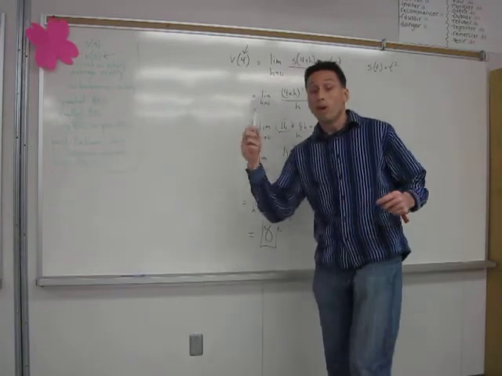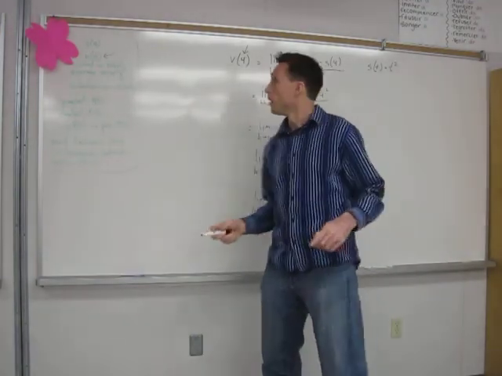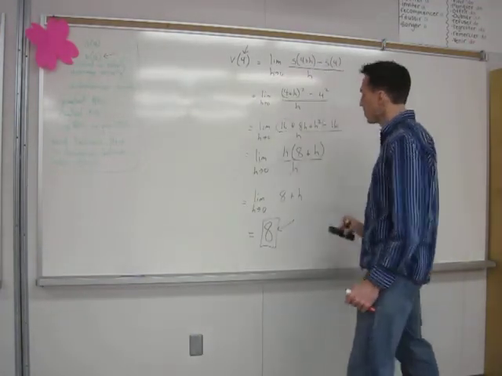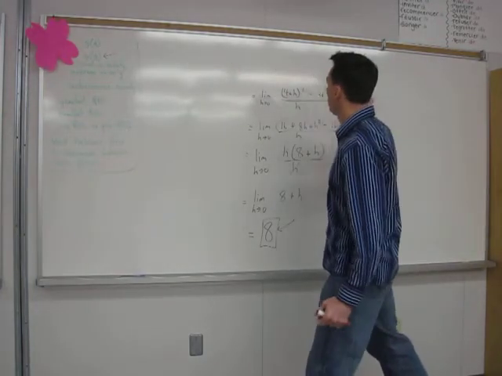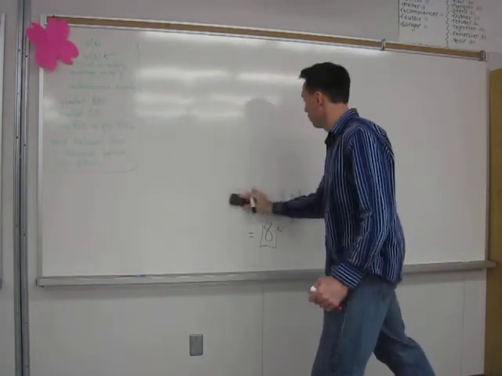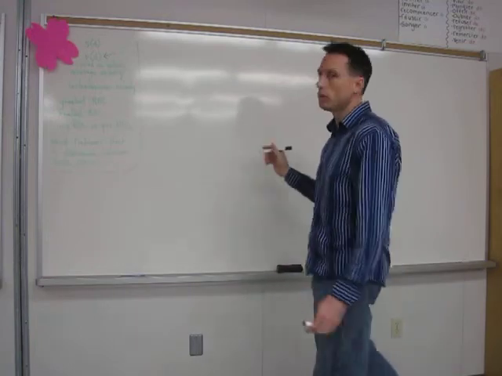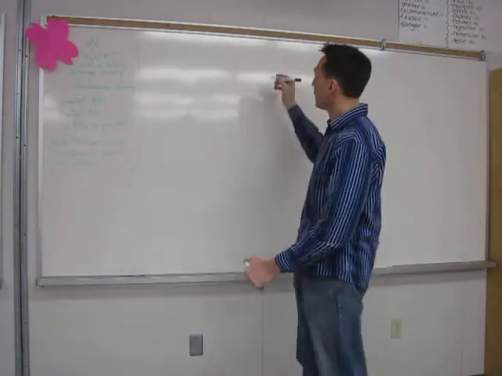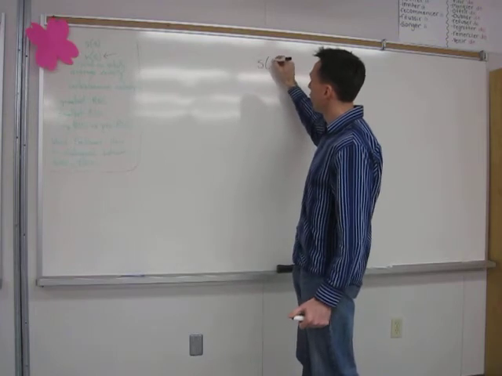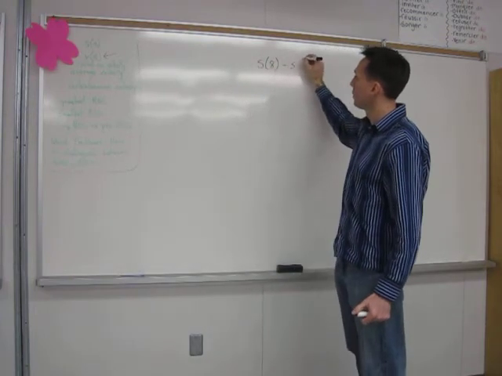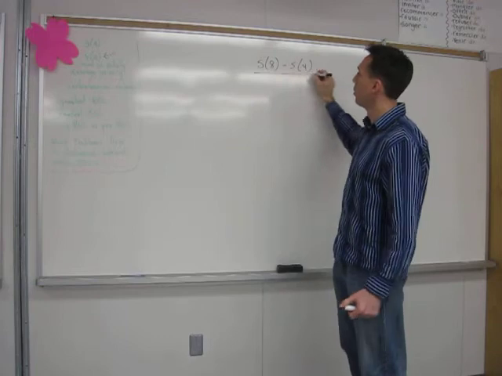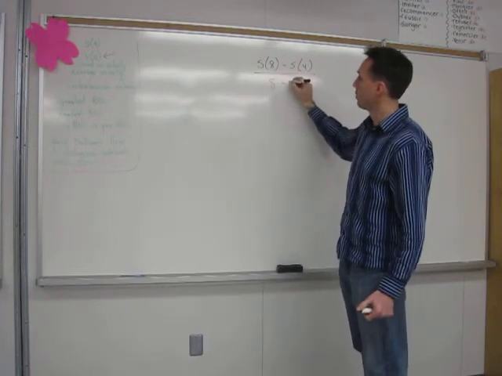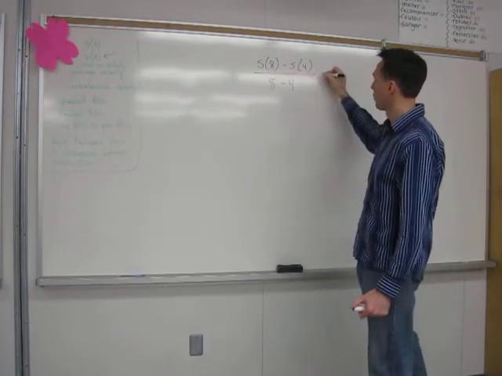So we now know average rate of change is simply, let me erase this, the average rate of change between, let's say, 4 seconds and 8 seconds is going to be s of 8 minus s of 4 over 8 minus 4, delta y over delta x.